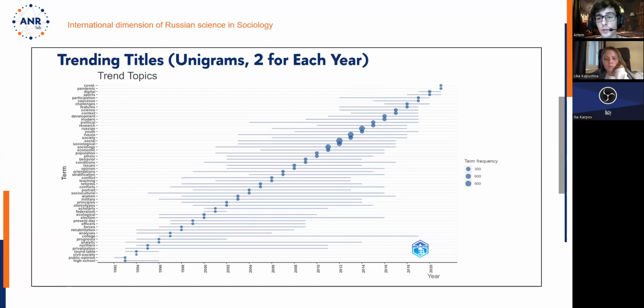In this picture, we can see the trending titles for each year since 1992 to 2022. The picture is not great, so you may not be able to see everything, but in general you could observe the same trend as was discussed in the general summary.